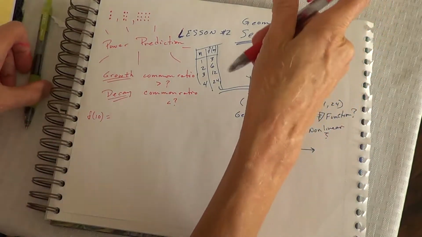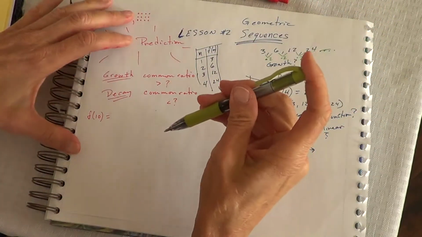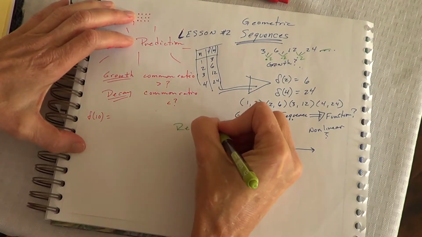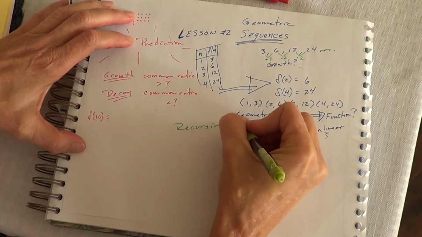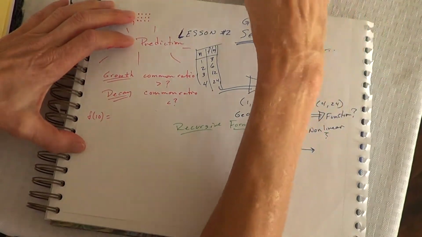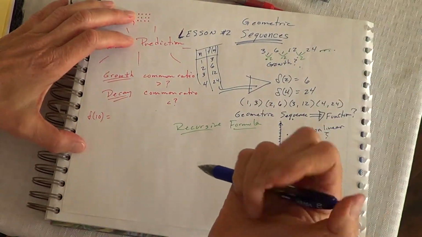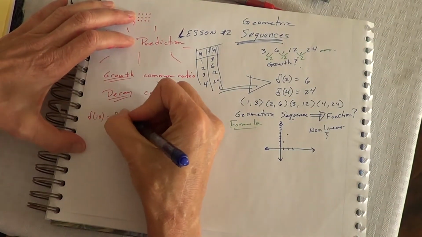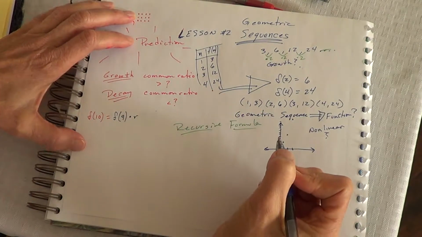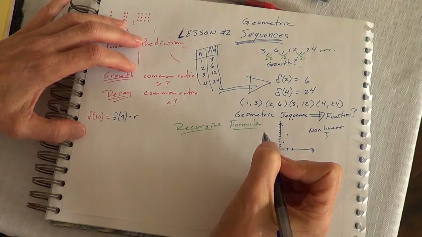Well, from yesterday, you might be saying, oh, let me go with a recursive formula, because you know the recursive formula just draws right back in on the previous term. So you'd say f of 9 times my common ratio, which I'll just use r for common ratio.